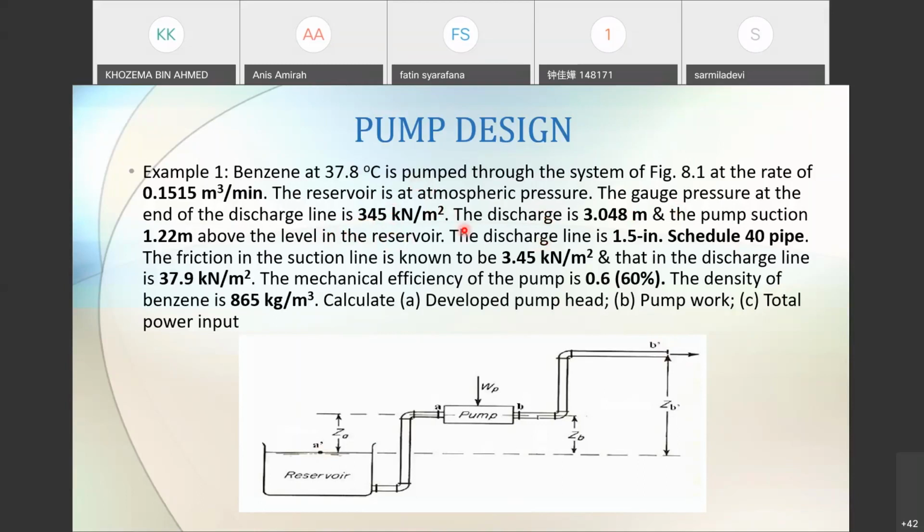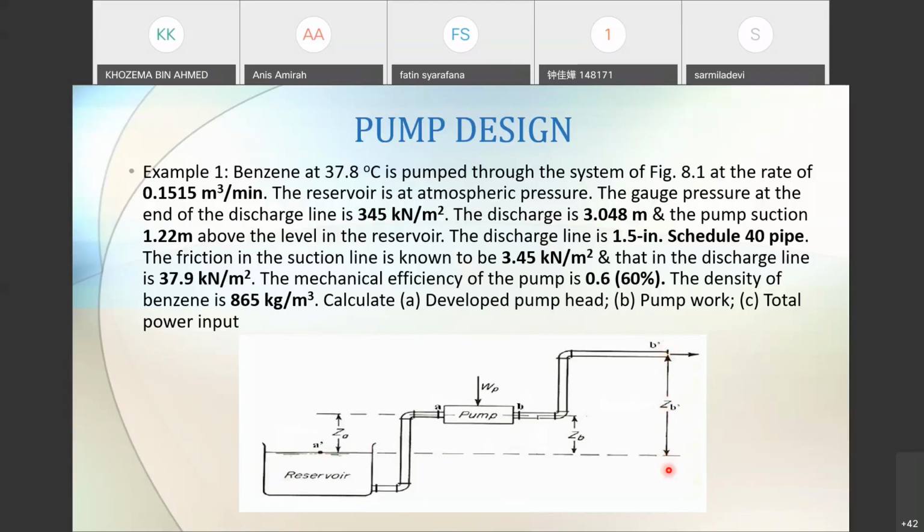Now it's saying that the discharge line is 3.048 above the level in the reservoir. If you look at this figure here, this is your discharge head, and this is the highest point in the reservoir. So the value from above the level of the reservoir to the discharge is going to be 3.048.